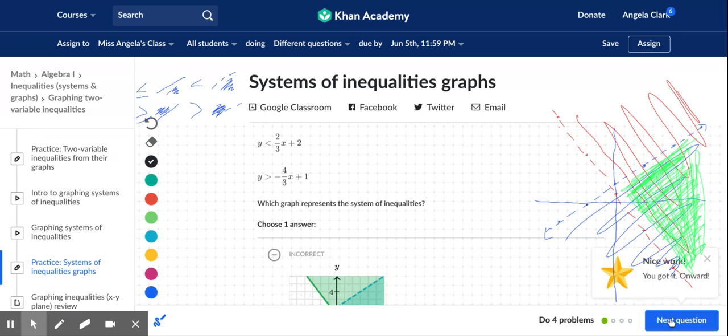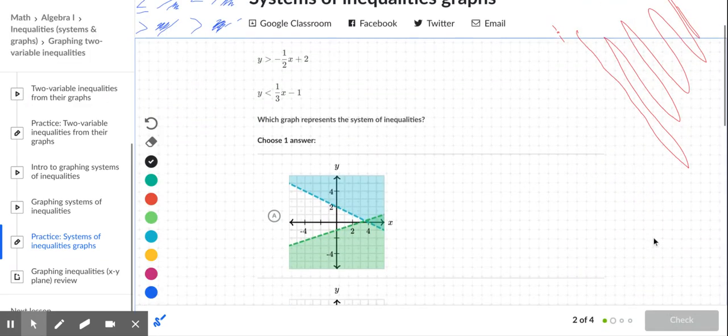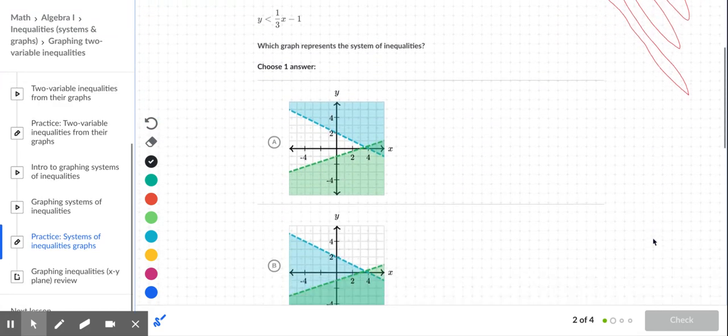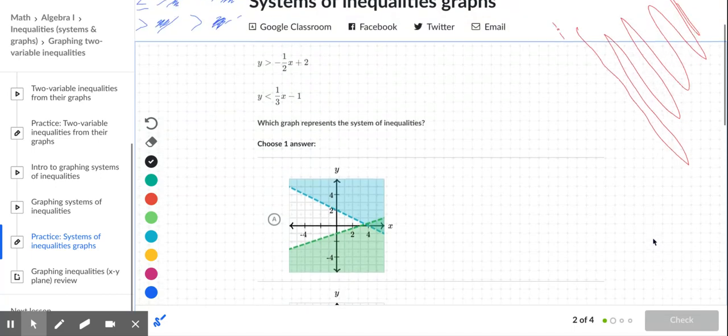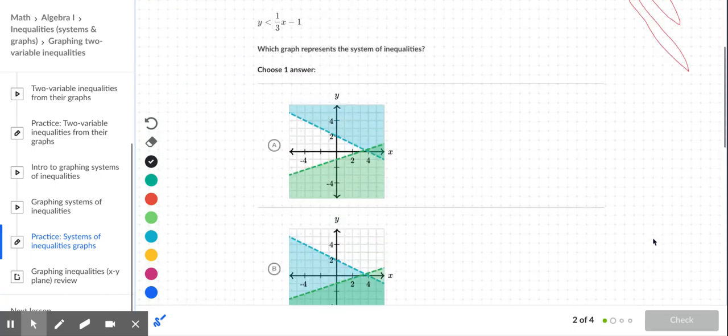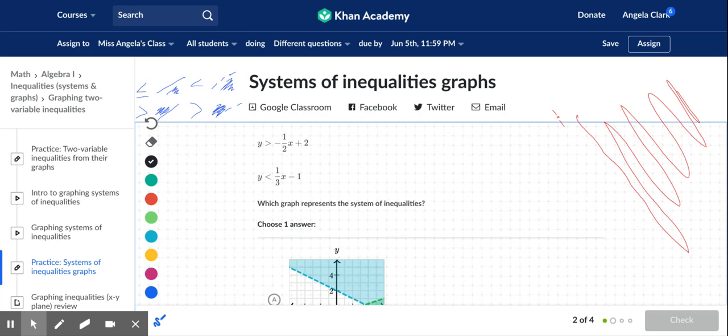Hopefully this helps you jog your memory on how to graph systems of inequalities. Doing some of these Khan Academy assignments again, if you need more practice, might help.